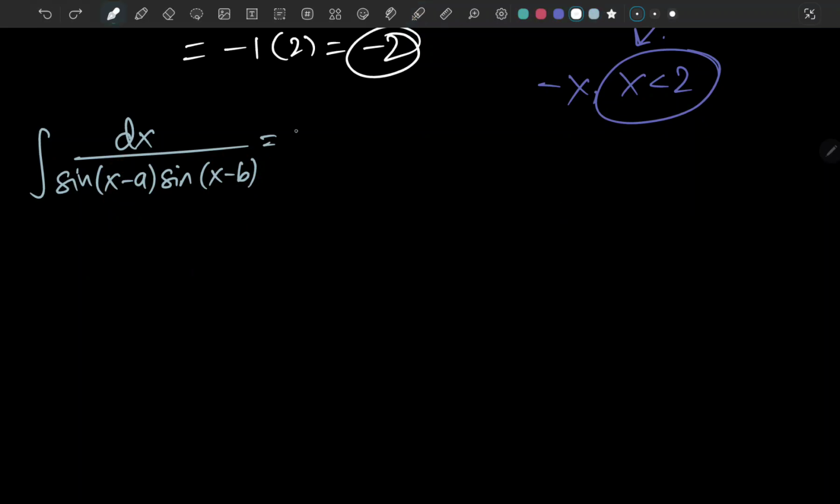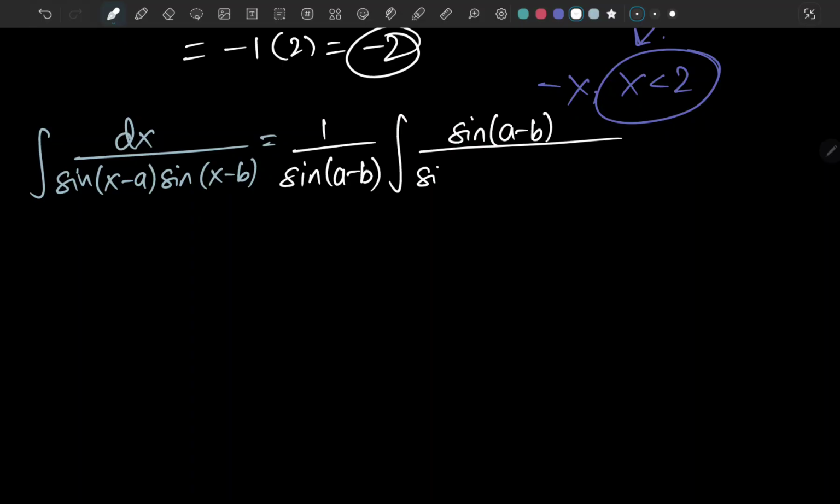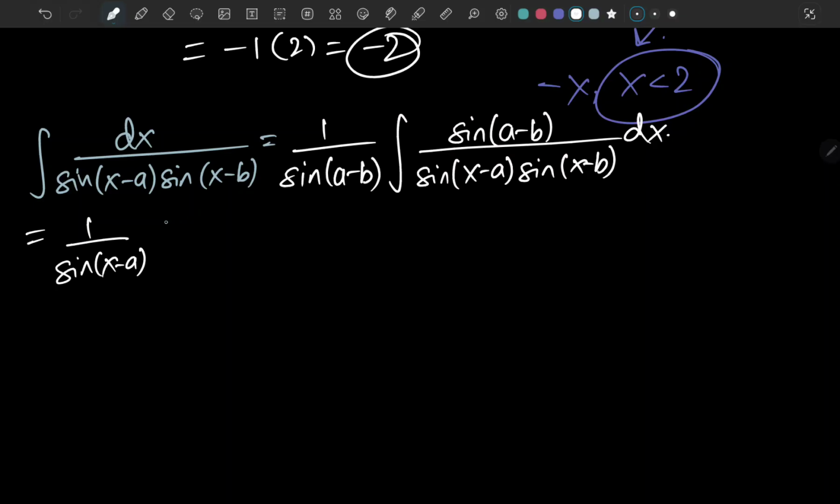Let's introduce sine of a minus b by multiplying and dividing it in this integral. I would say this is the most basic way to solve this. So we have 1 upon sine of a minus b times the integral, and I can write the numerator as x minus b minus of x minus a.